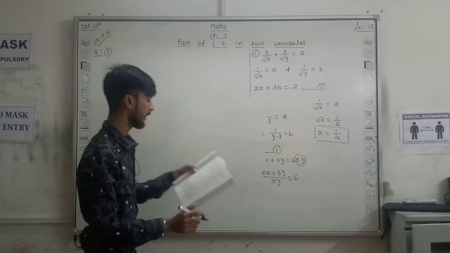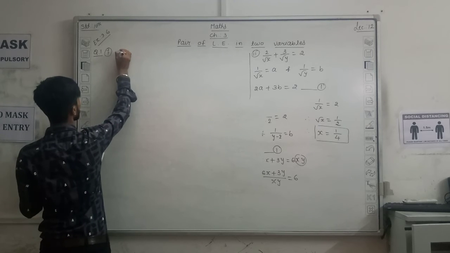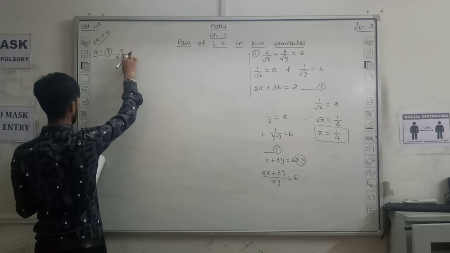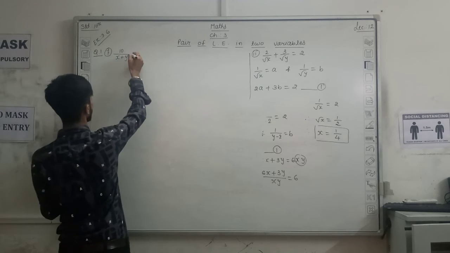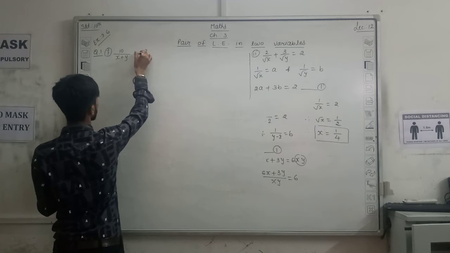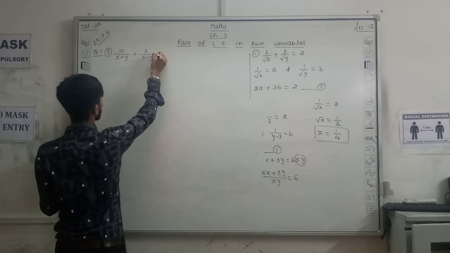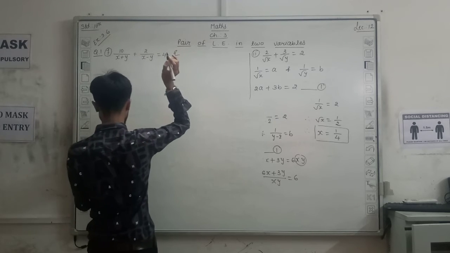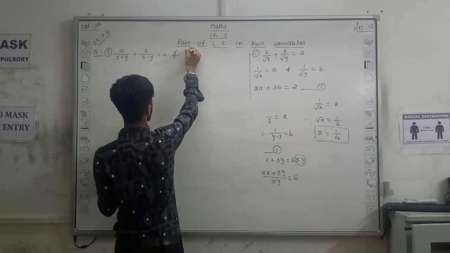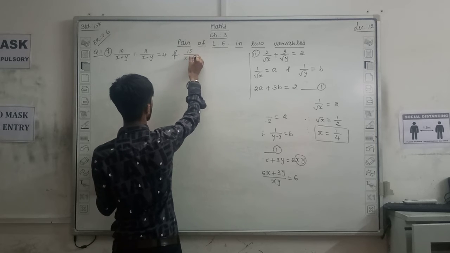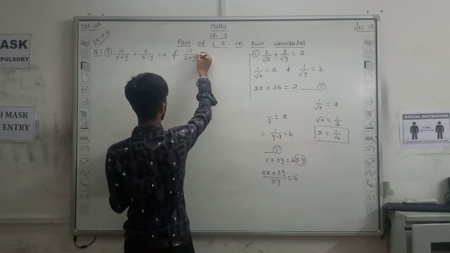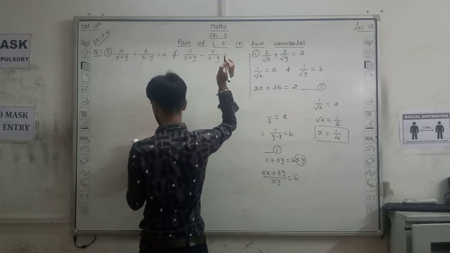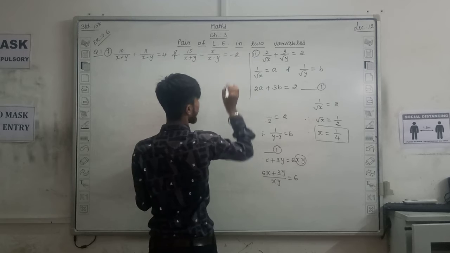10 upon x plus y plus 2 upon x minus y equals 4, and second equation, 15 upon x plus y minus 5 upon x minus y equals minus 2.